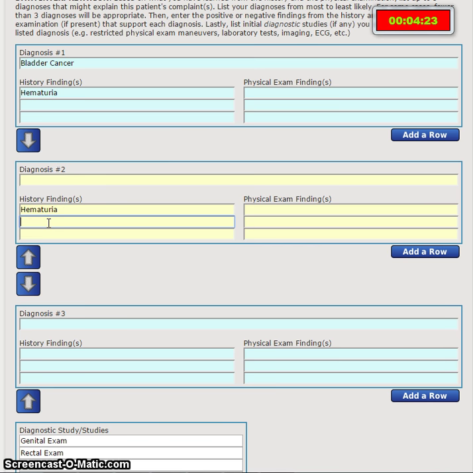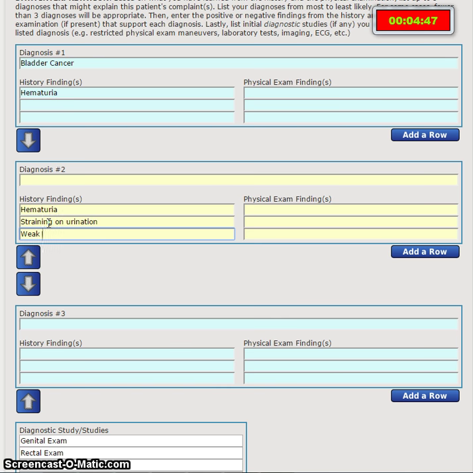Okay, hematuria, screening on urination, as they can be second class. But the findings supportive of bladder cancer: as the cancer grows into the detrusor, it's going to make it less efficient to expel the urine out.